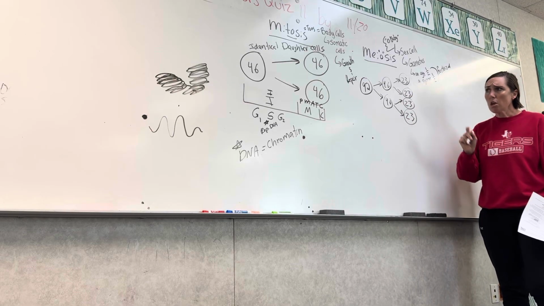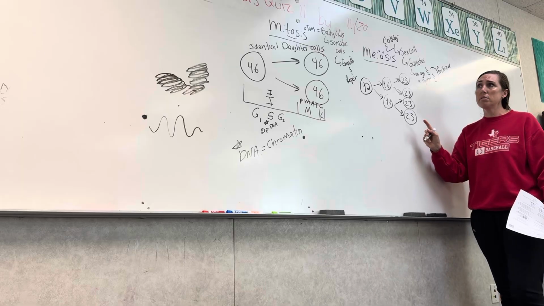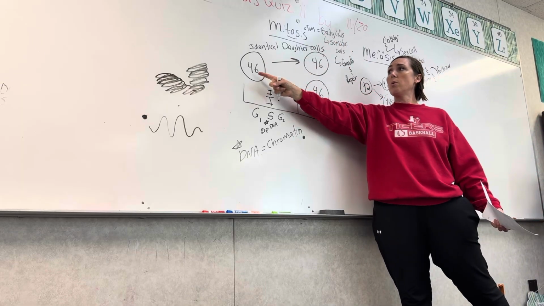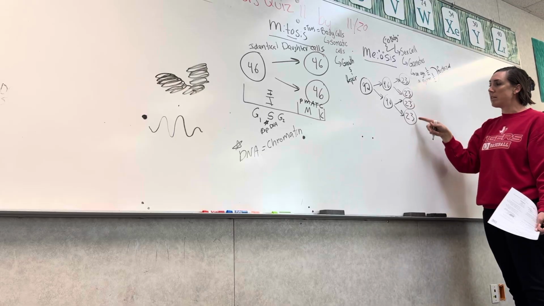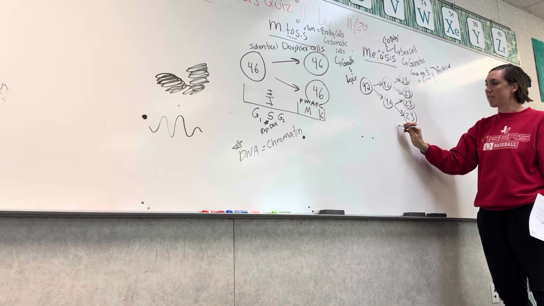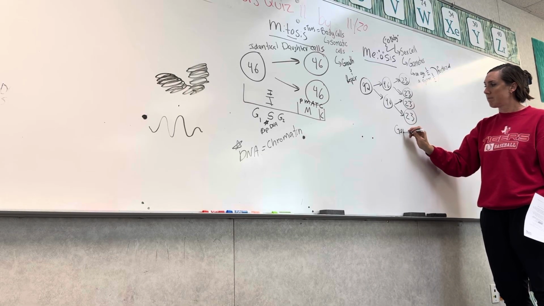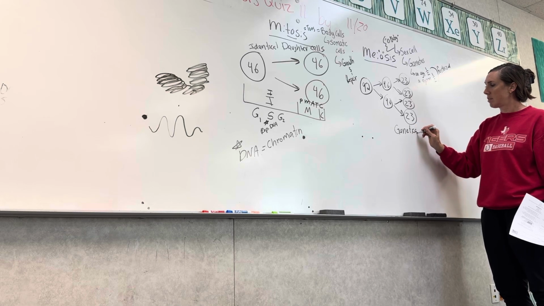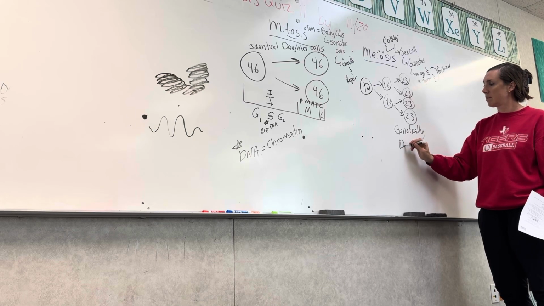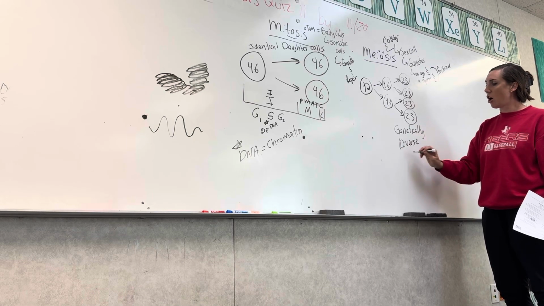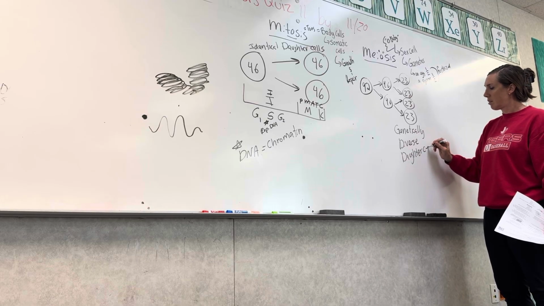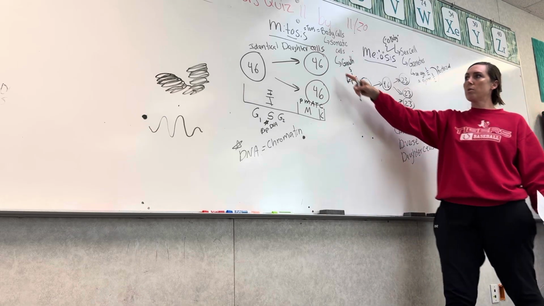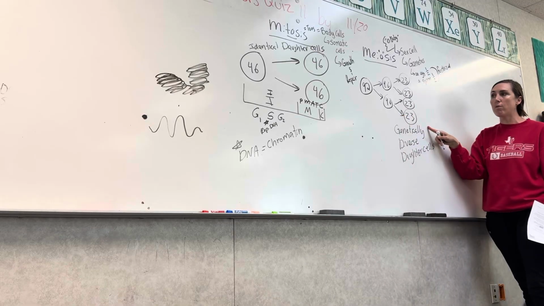The most important thing to remember is, in mitosis, you have identical daughter cells. In meiosis, you have genetically diverse daughter cells. And over here you only have 2, and over here you have 4.